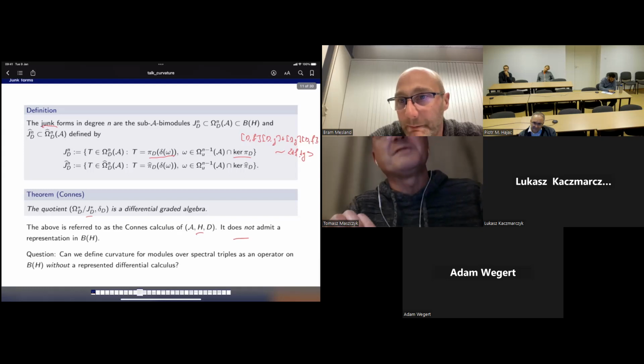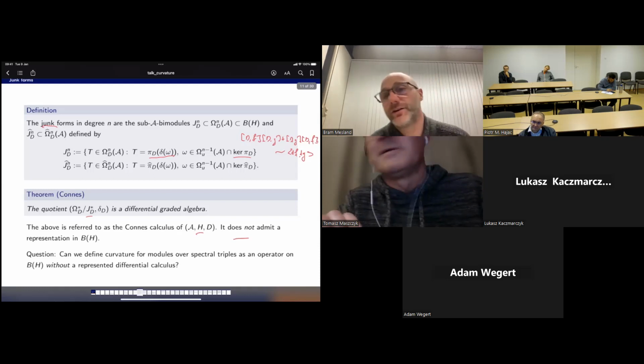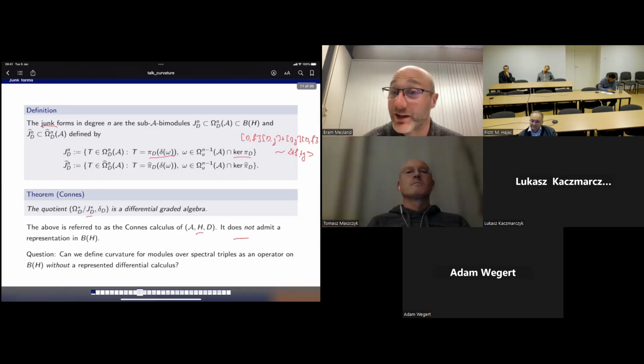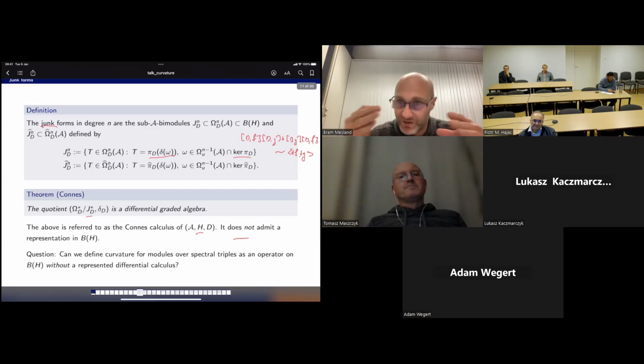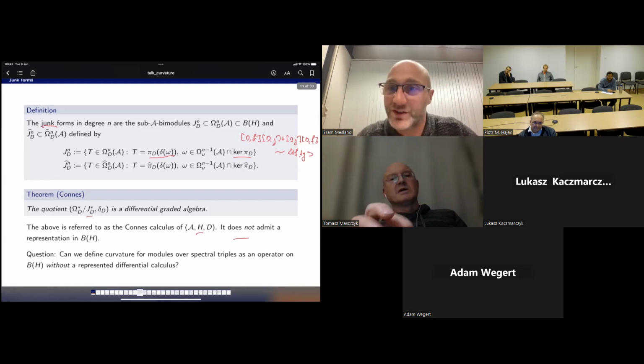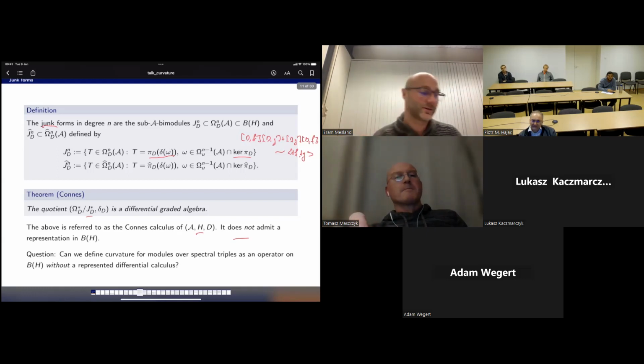Even if there was such a representation of this quotient, there is no guarantee that it lifts to the original one. There's no guarantee that it bears any relation to the original one. No, you want this to be specific, indeed. You want it to be related to the structure that was given to you. Yes, very good comment.